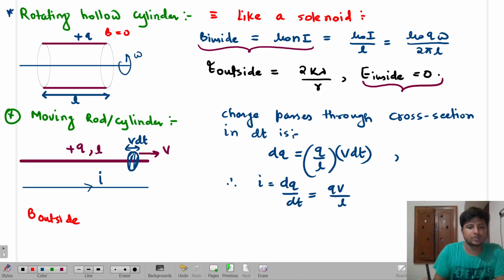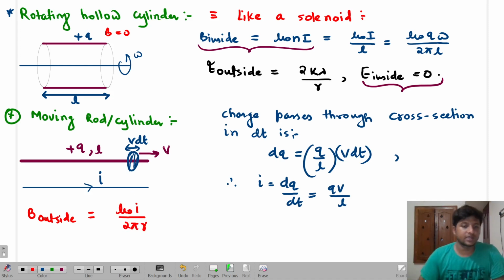Here it is not a solenoid because the current is not rotating, isn't it? So the magnetic field outside the rod is mu naught I by 2 pi r, because this time the current is along the axis of the rod. Are you able to get me or not?